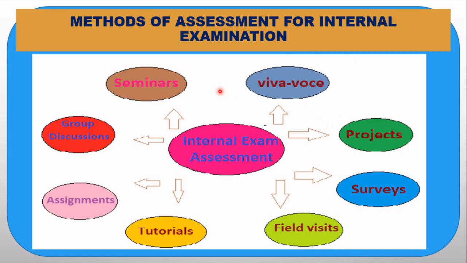So it is not necessary to conduct all these, but as per the interest of the teacher or students, he can conduct any one or any two, three, four of these, and he can assess the students for internal examination marks.